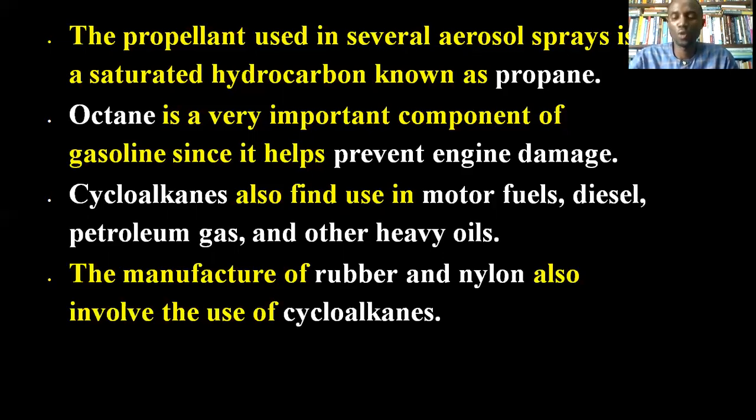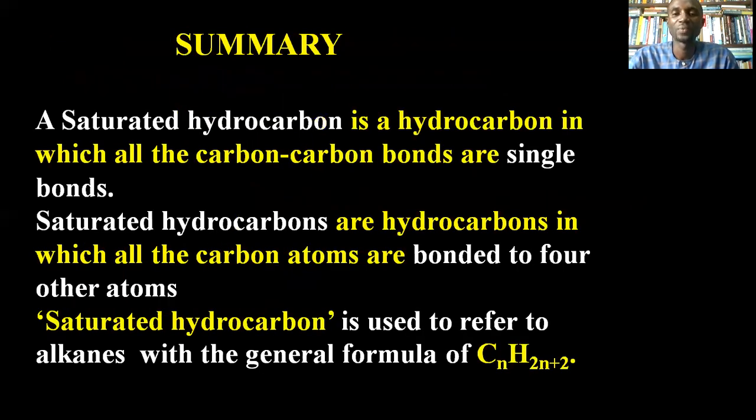So these are the uses of alkanes. So far, we have said that a saturated hydrocarbon is a hydrocarbon in which all the carbon-carbon bonds are single bonds. The saturated hydrocarbons are saturated, and what it means is that all the 4 bonds of the carbon atoms are being filled with other atoms with single bonds.